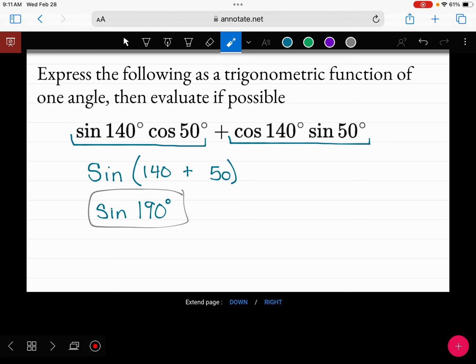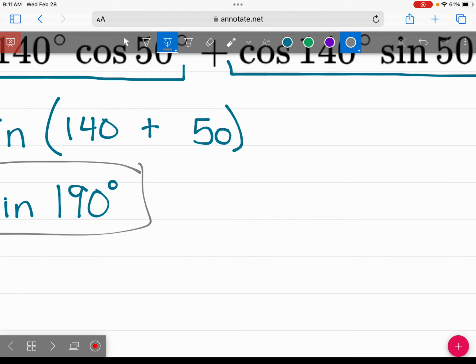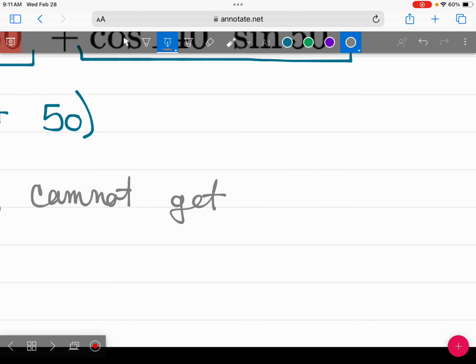This one we can't find a more exact answer. We cannot get more exact than that. So it's a good idea to stop and look, but we're not always going to be able to find an exact answer at this point.